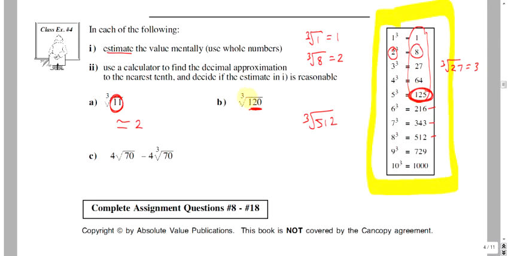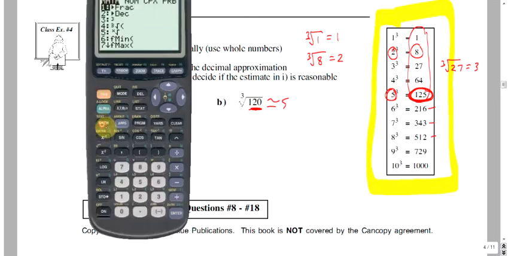So this thing, the cube root of 120, there is no number multiplied by itself 3 times to give us 120. But there is one that gives us 125. So this thing is kind of close to 5. Should I check that one? Let's see what an estimate that is. 4.93. Is that a reasonable estimate? Sure. Okay.